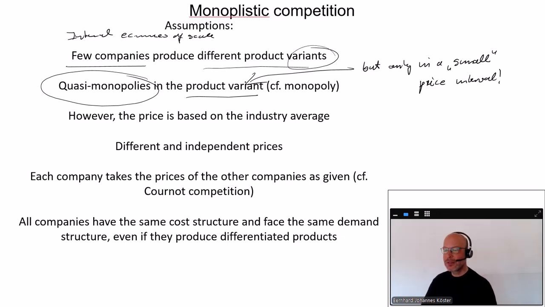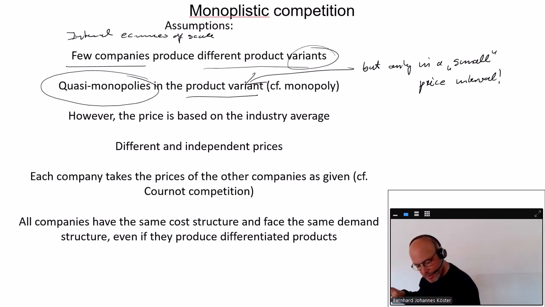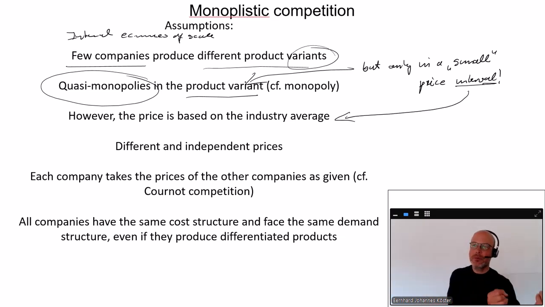Of course, we have not a pure monopoly. We have to look also at our competitors with the other product variants, and this means here in a small price interval. So in general, of course, we have to orient our price policy on the average price.